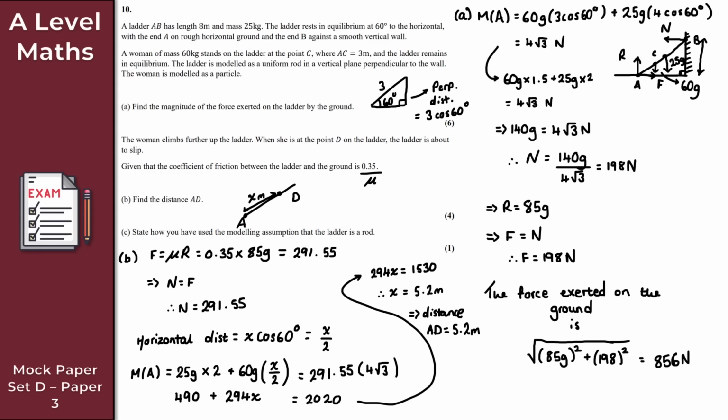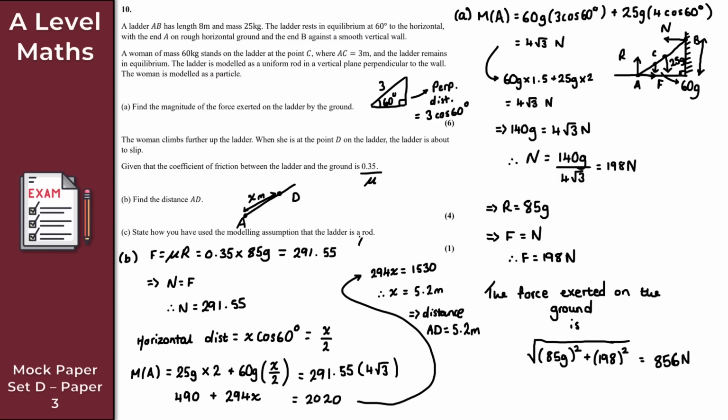We're pretty much there now, people, because we've just got part C to finish with. I don't have a ton of room, so I'll probably just narrate the answer rather than write it down. It is just 1 mark, and you should be familiar with the required answers for these types of questions. Part C says, state how you have used the modeling assumption that the ladder is a rod. What I should really put here is a uniform rod.